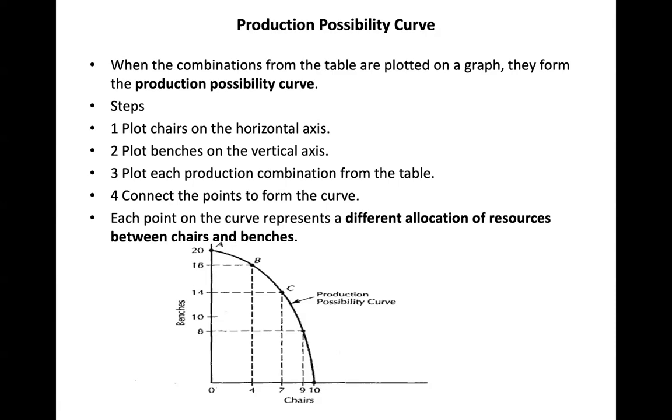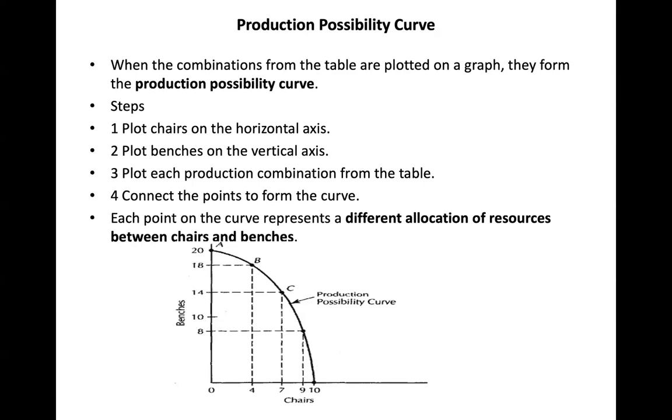So assuming you are using all the resources to produce chairs and some benches, and you produce 9, it means you need to forego 1 chair in order to produce 8 benches. So if the person decides to produce 7 chairs but 14 benches, it means he's foregoing what? 2 chairs, but increasing what? 8 benches. I hope I'm clear.